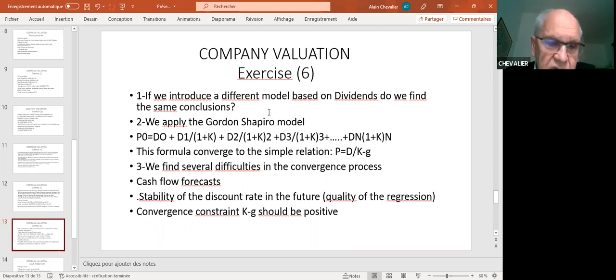The total distance of the different points to the straight line should be minimum. If it is close to 0, that is a good regression. If it is very far from 0, it's a low quality regression.